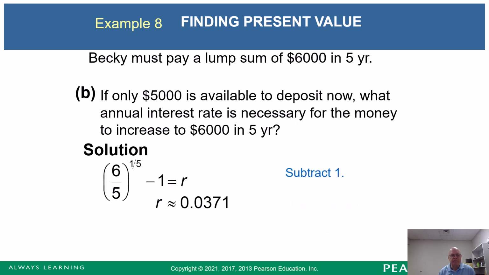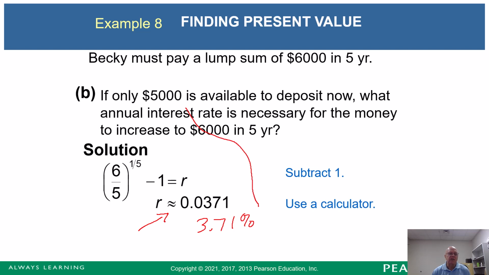And a bit of calculator work, unfortunately, because fifth roots are not fun. And Becky needs to find a bank or some organization that's willing to pay 3.71% for her $5,000, so 5 years from now she has the $6,000 she needs.